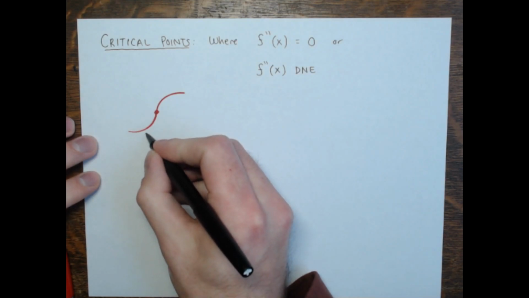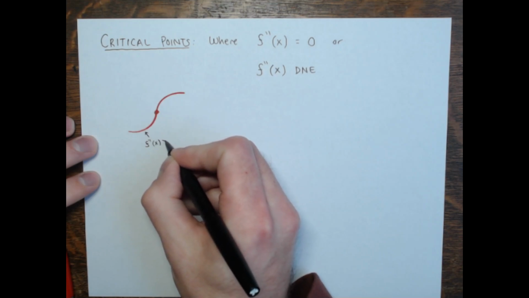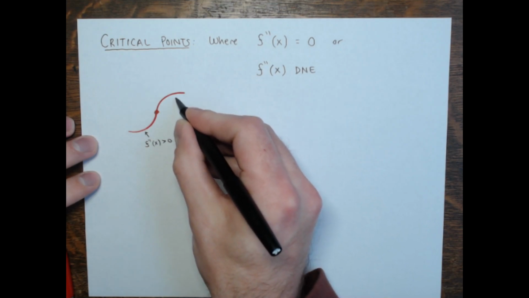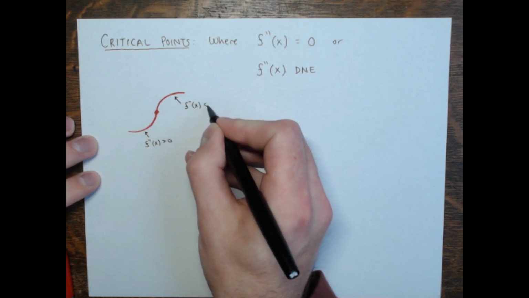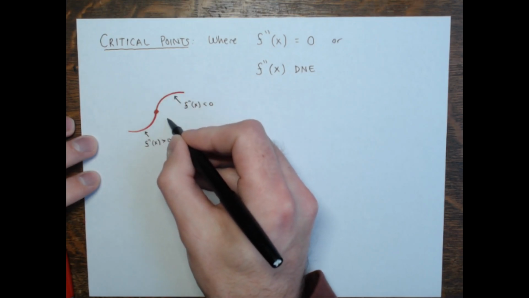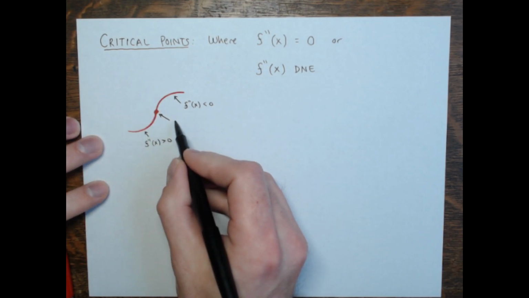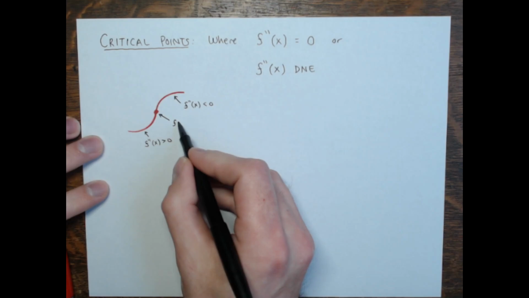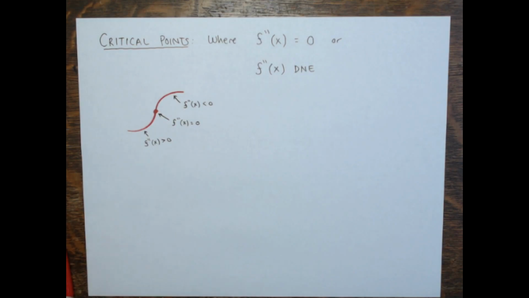So on a piece of curve like this, the second derivative would be positive, and then on a piece of curve like this, the second derivative would be negative, curling down. So at a point where that changes nice and smoothly, that'll be a place where the second derivative is 0.